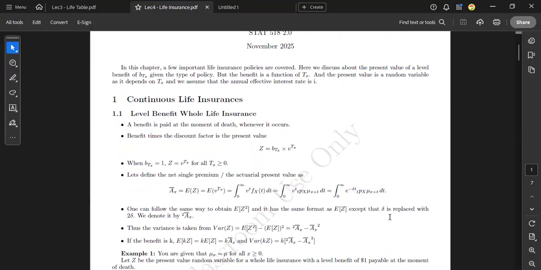So up to this point, we have discussed the methods that we can use to calculate the survival probabilities and the death probabilities of a particular group or a person who is at a specific age, X or 0, and we know how to calculate the expectation of the future lifetime, whether it is a continuous or discrete case, and also the variance of those future lifetime random variables.